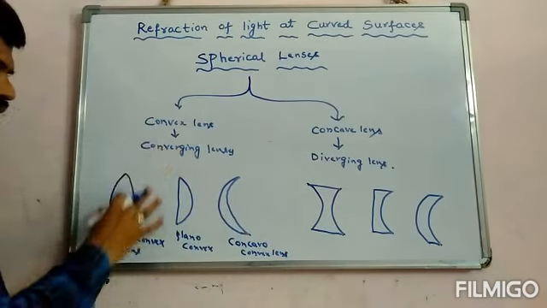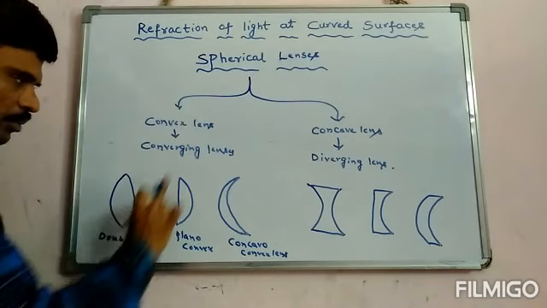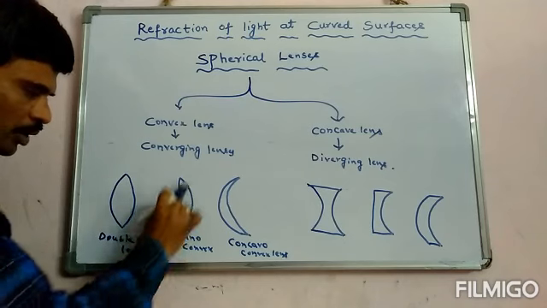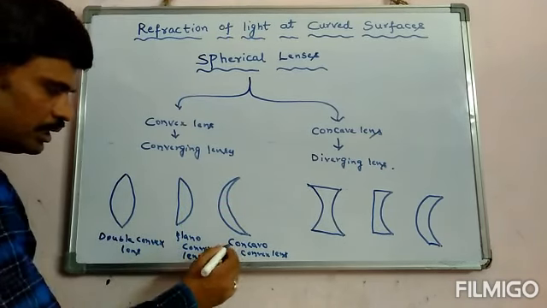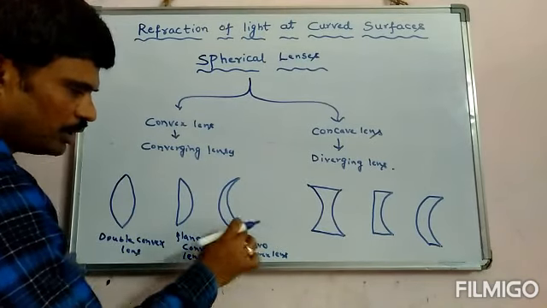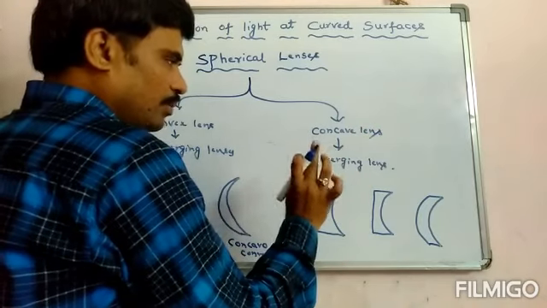Right? Types of convex lenses. The first one is double convex lens. Second one is plano-convex lens, and the third one is concavo-convex lens.